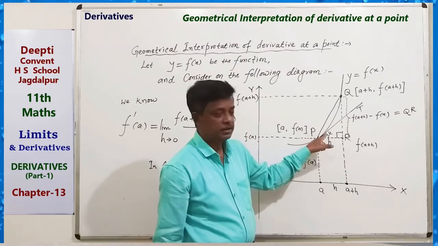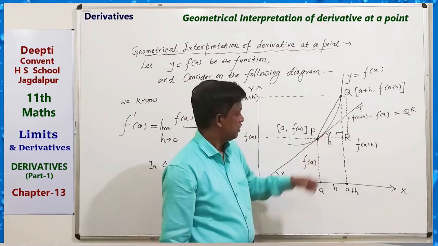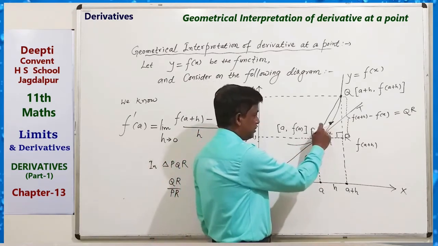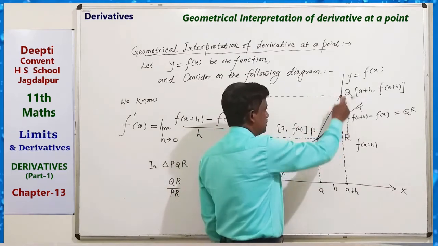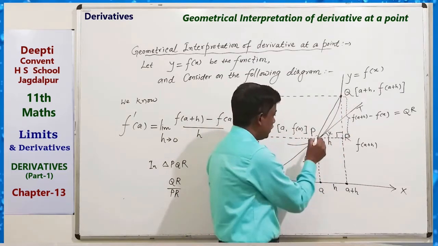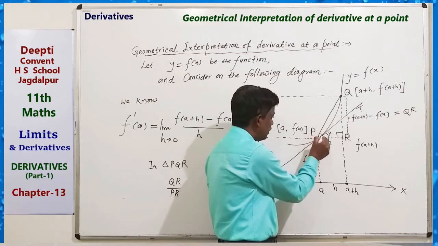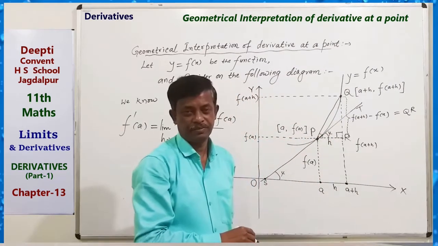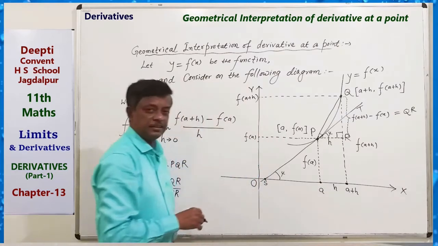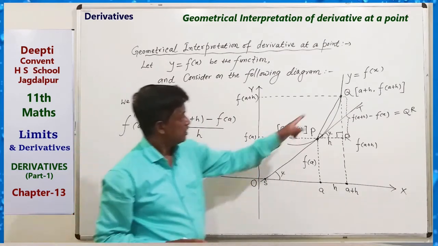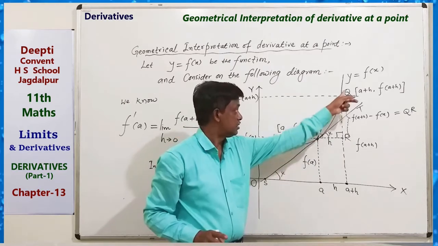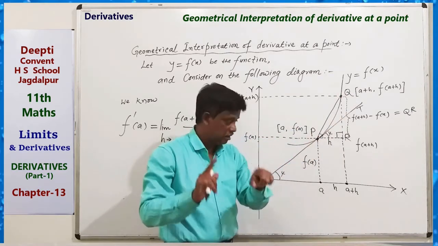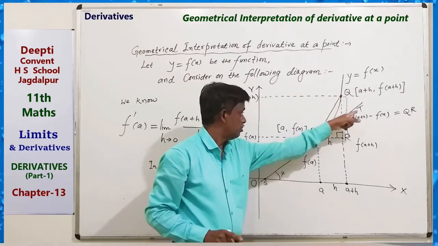Now in this triangle, this angle tends to psi when Q tends to P. At that stage, when we tend Q to P, this chord will be the tangent.